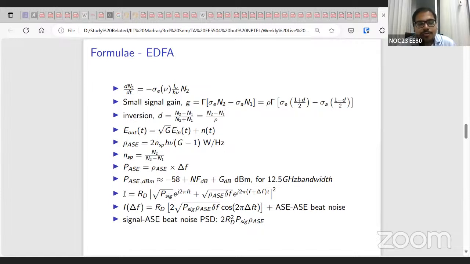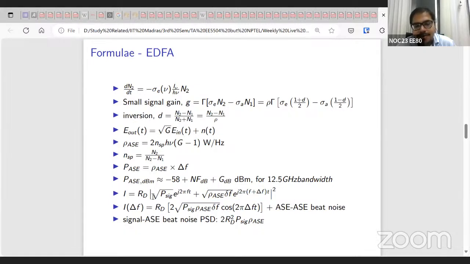So there we try to quantify what is the noise. So we will be receiving the signal and noise component, and the photodetector will find the electric field intensity. So the mod square will be used. So because of that, there will be mixing.